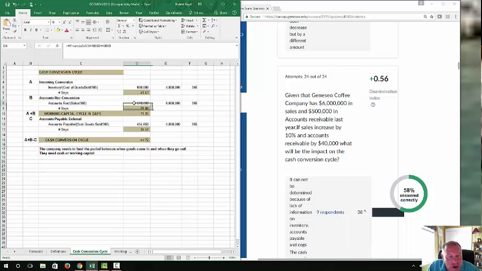So let's go back and put in what we know. We know this is 500, and we know it's 6 million. We know that the cash conversion cycle is 432 in year one, because here's the 500, 6 million, 3042.